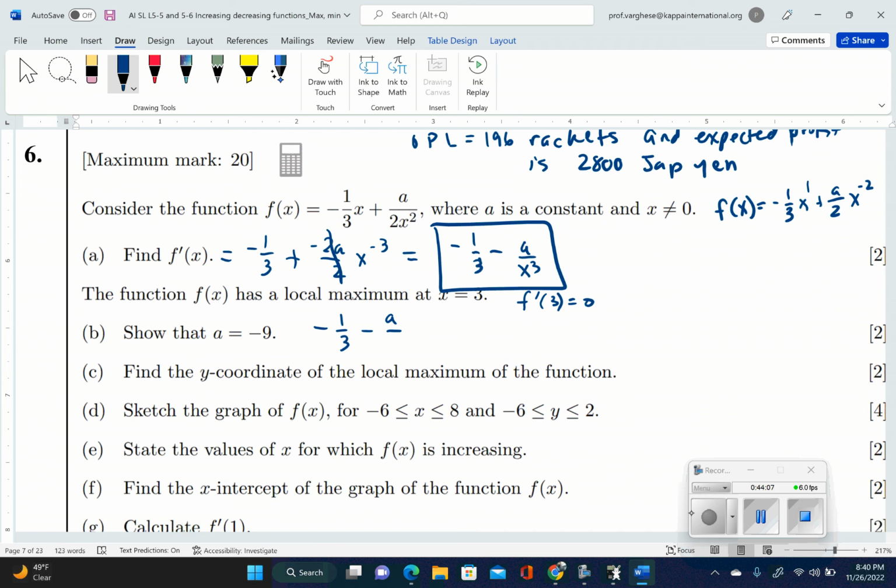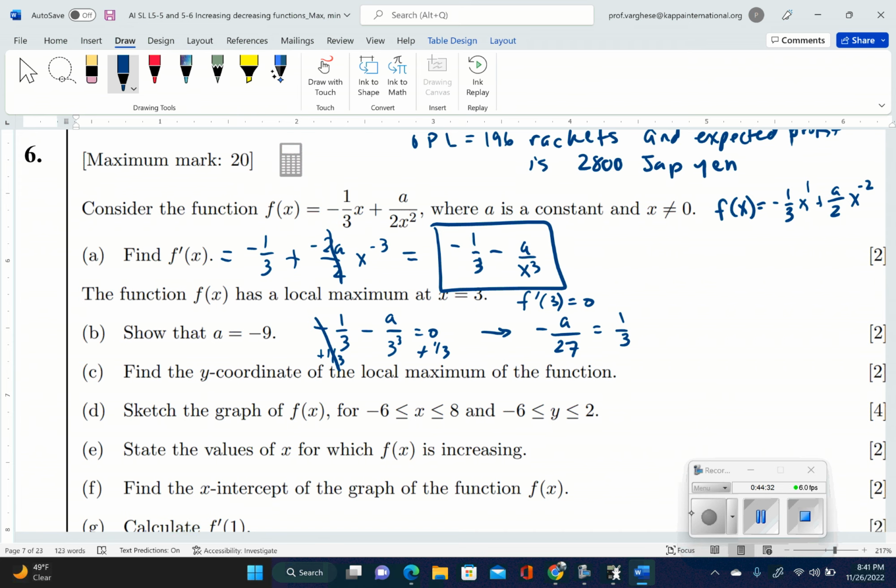Because I'm plugging 3 in here. So this is 3 to the third power, and I'm going to set that equal to 0. So add 1/3 to both sides. So this cancels out, so I'm left with negative a over 3 to the third, which is 27, is equal to 1/3.